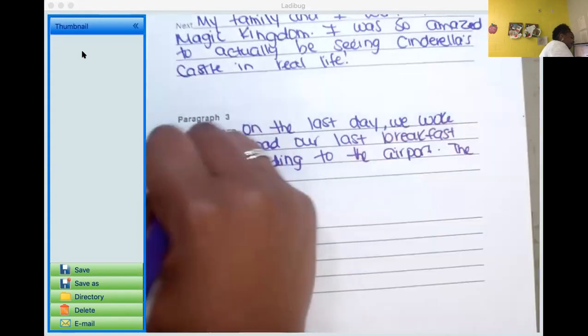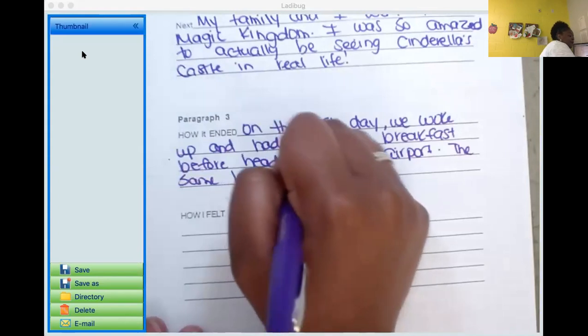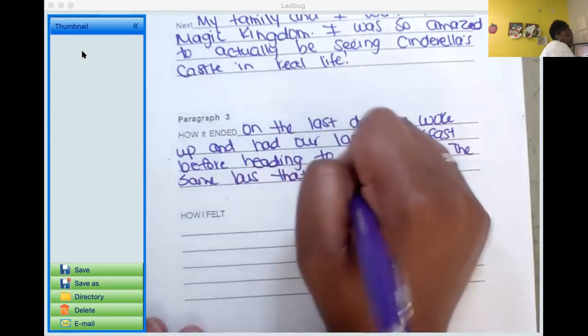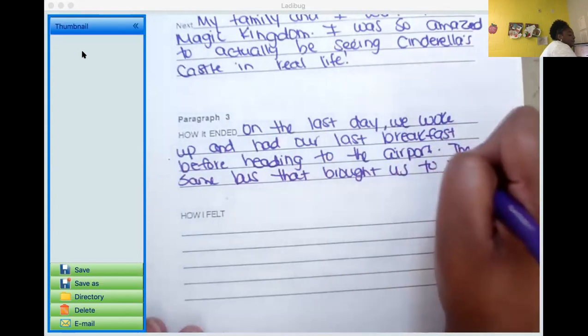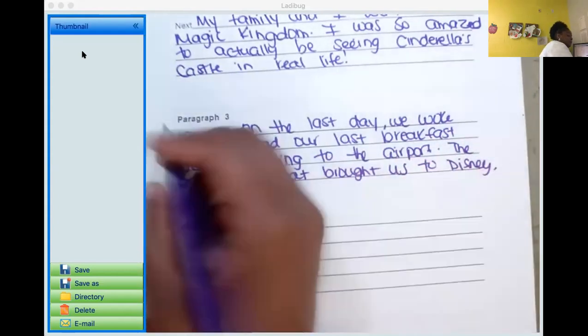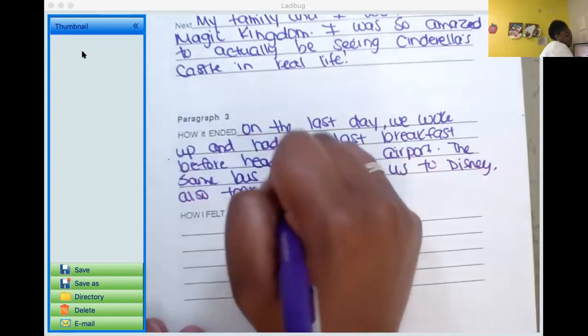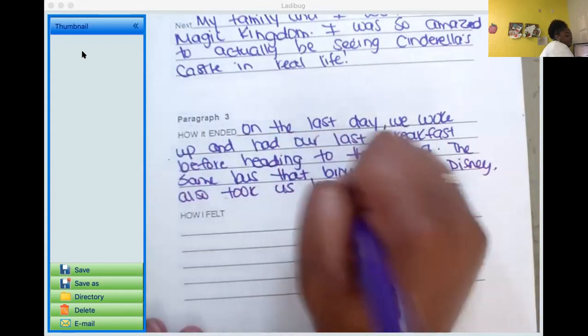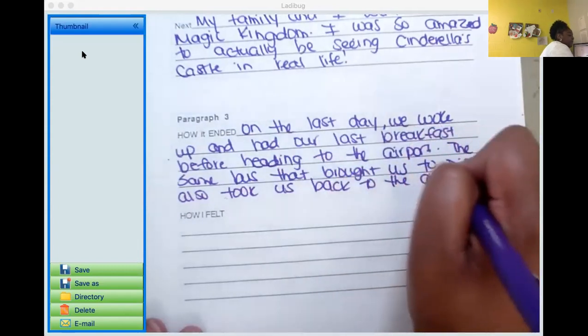The same bus that brought us to Disney also took us back to the airport.